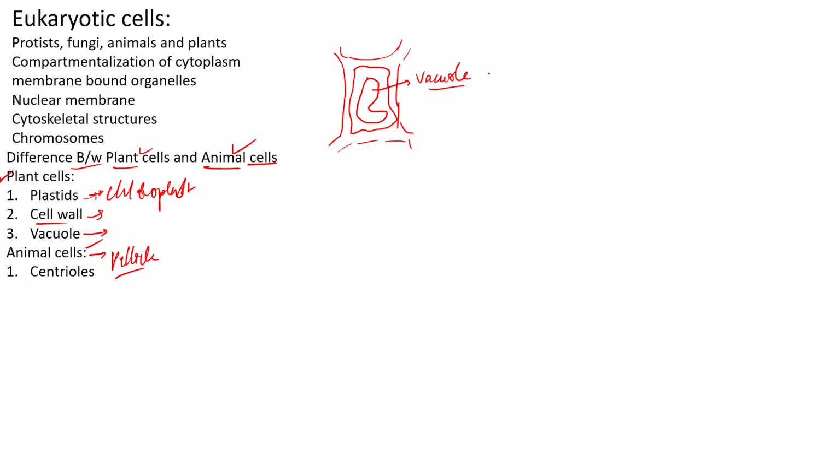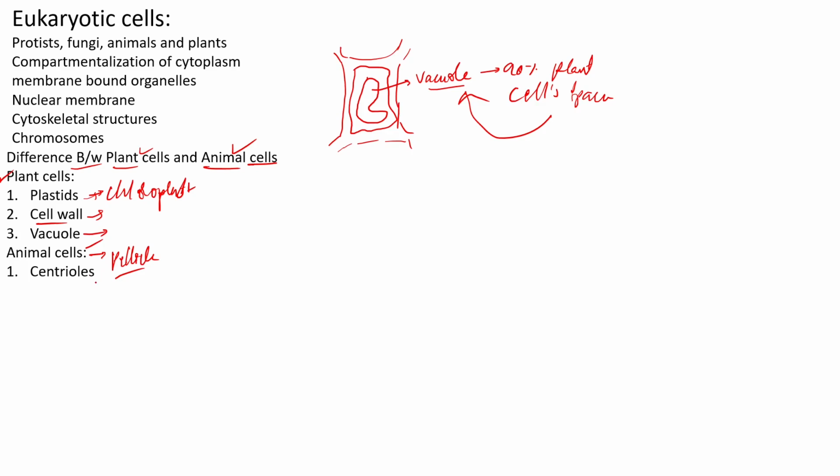Around 90% of the plant cell's space is occupied by the vacuole itself. So it's a very big and dominant structure in plant cells, but you don't observe such vacuole-like structures in animal cells.